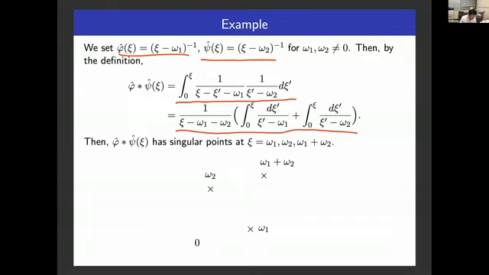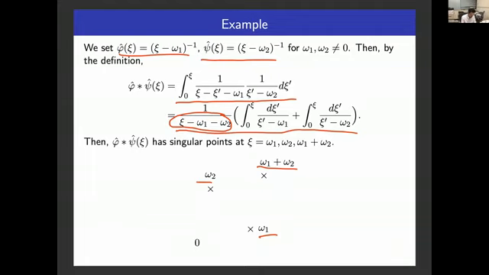If we look at this representation, it has a singular point at ξ equal to ω1 plus ω2 here, and ω2 and ω1.